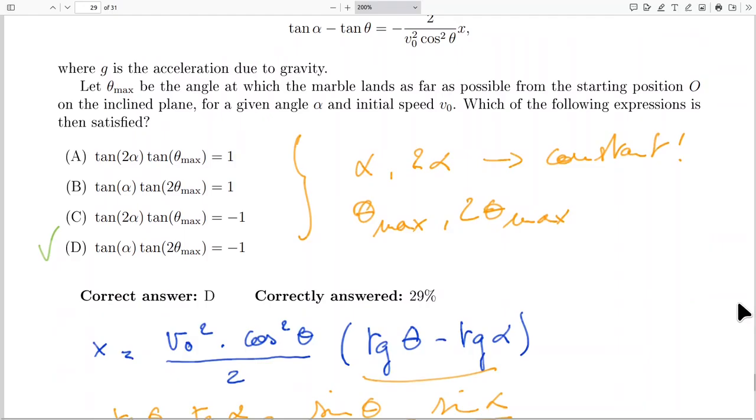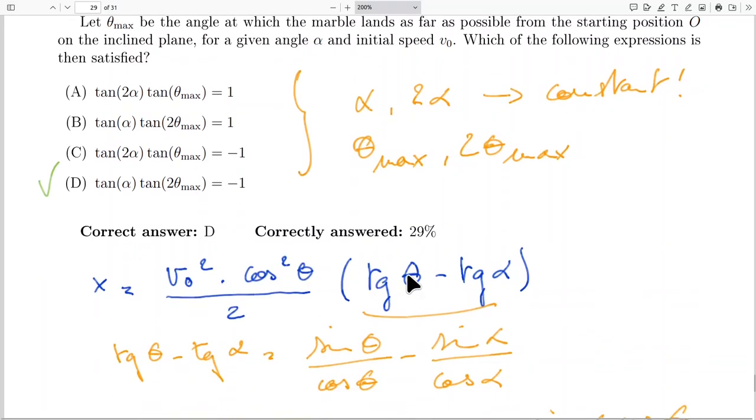Okay, so we can rewrite that as a function of x. You see the minus sign here, so I'll just swap those two around. So we get tangent theta minus tangent alpha equals v0 squared times cosine squared theta divided by 2, which gives you x.